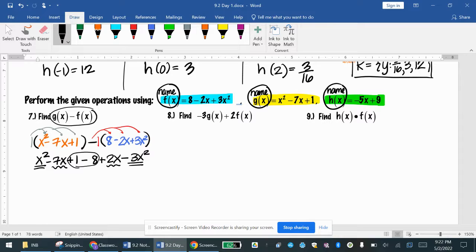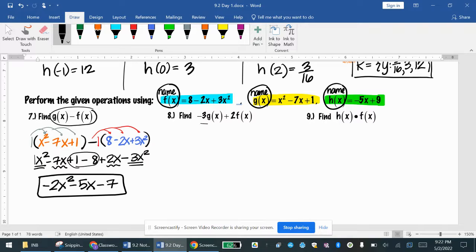What do you think? Okay, 1x squared minus 3x squared is -2x squared. -7x plus 2x is -5x, and 1 minus 8 is -7, and that's your final answer.